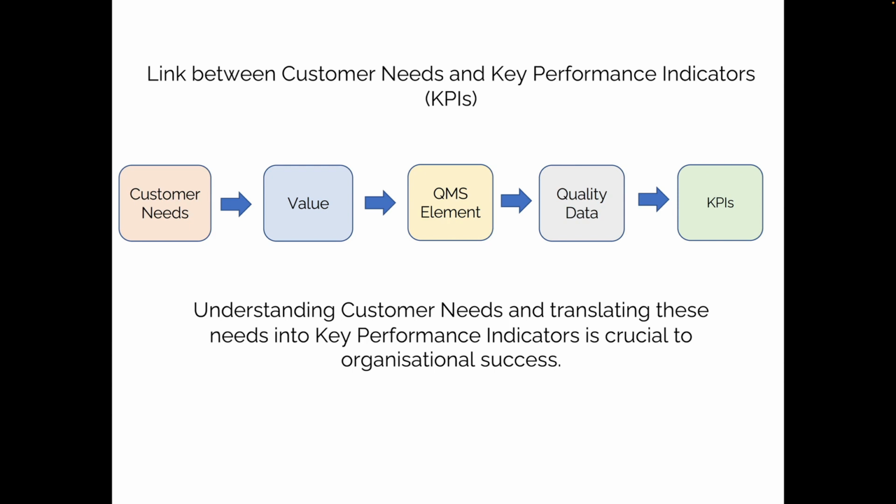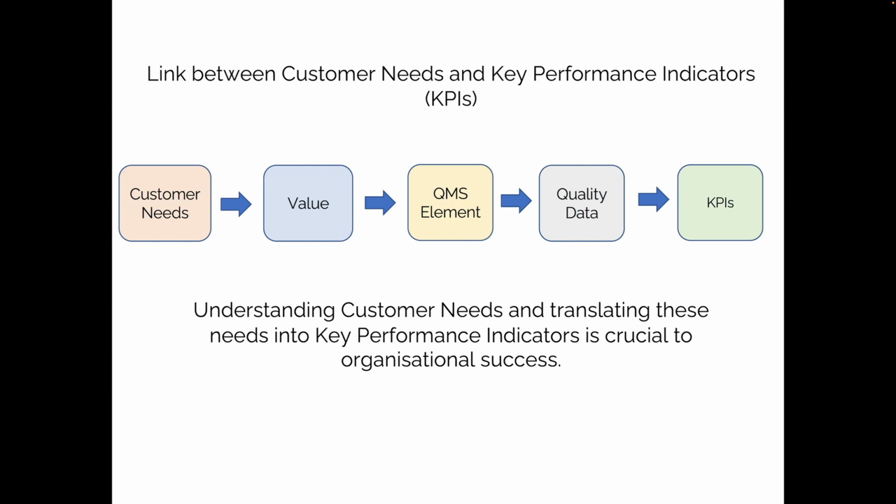So it really starts with understanding your customer's needs and translating those into, as we discussed briefly in the previous module, key performance indicators that really do link with what your customers feel is important in terms of value. And there needs to be a clear connection between those customer needs and your KPIs.